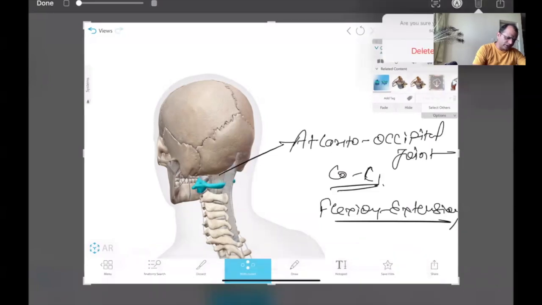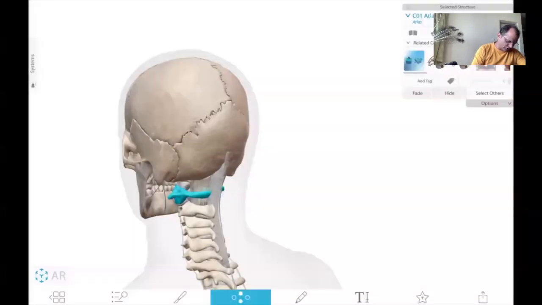Then we are coming to the next vertebra. So this is the C1 and C2.